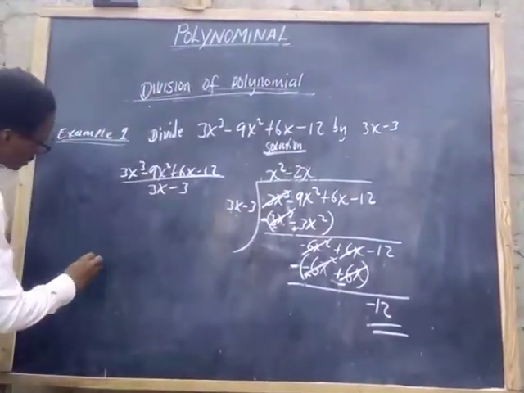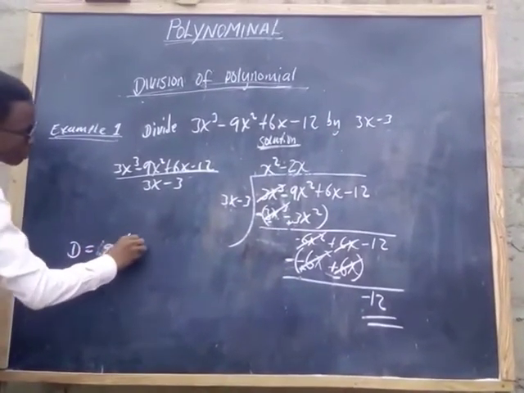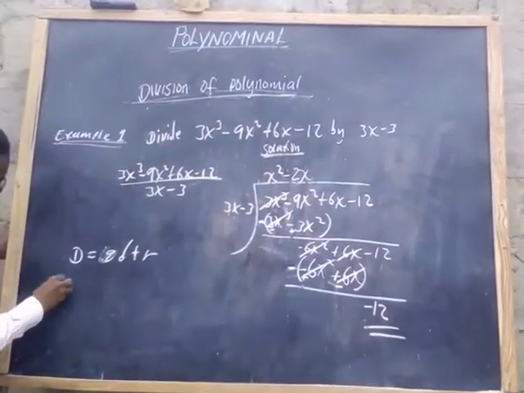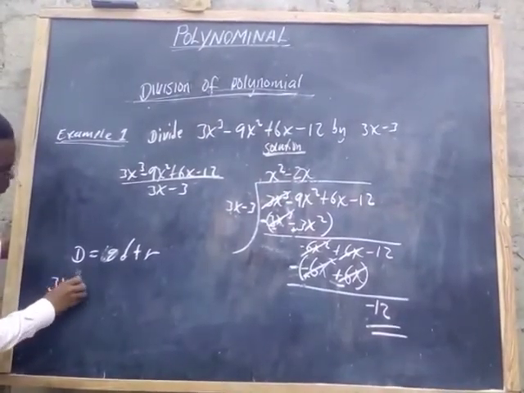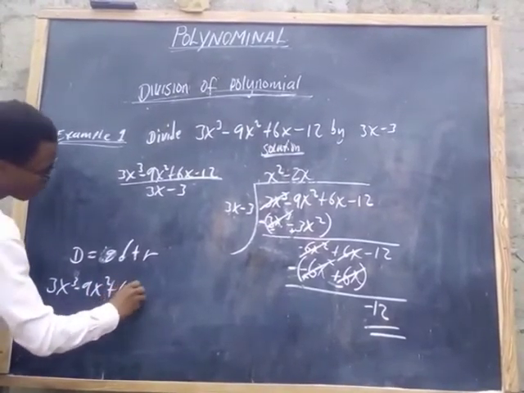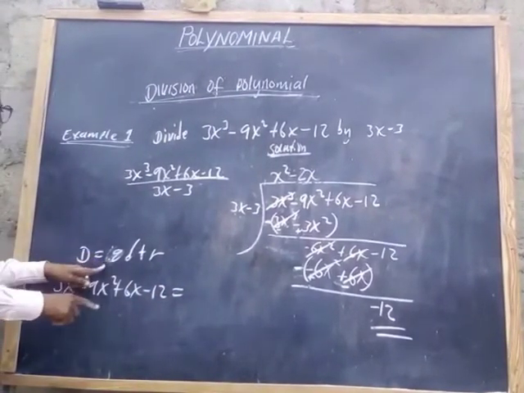So you say now, d is equals to qd plus r, right? What is d? Is what is here. So 3x cubed minus 9x squared plus 6x minus 12 equals to what? Equals to, what is this? The quotient. What is the quotient?